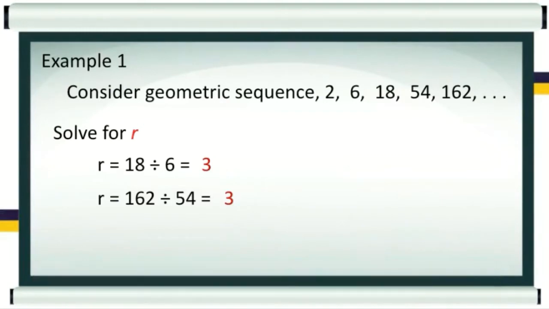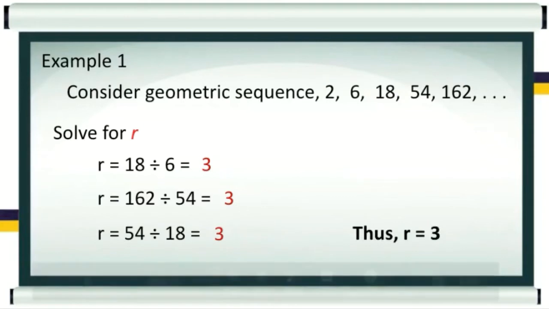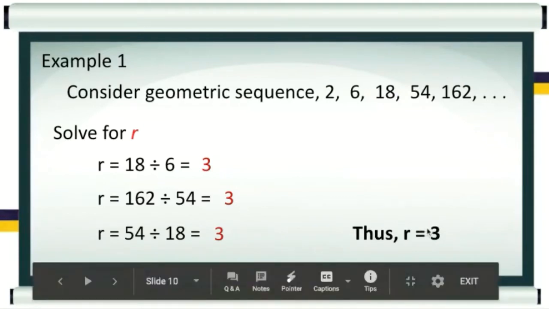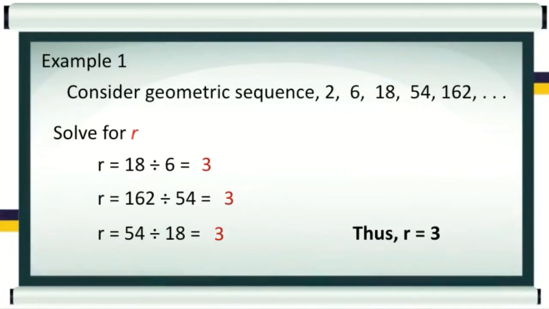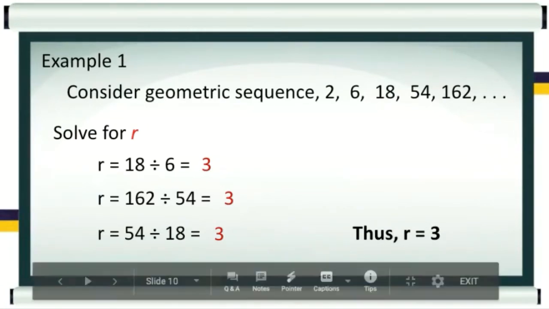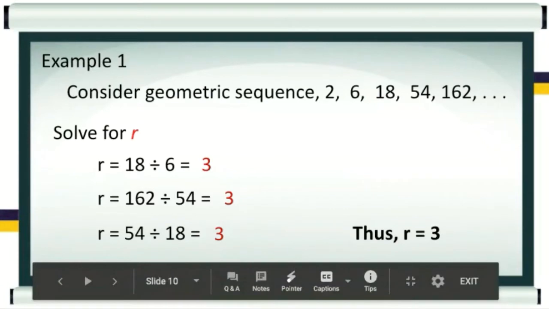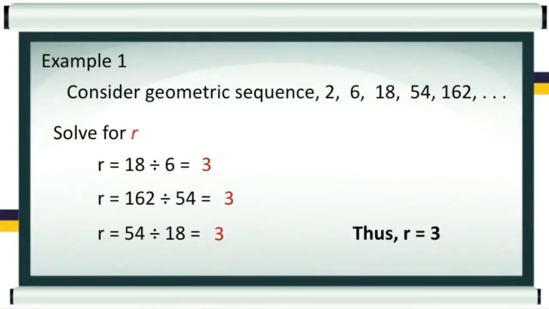So it means our common ratio is 3. Easy na? Because we are just looking for the common ratio. By dividing the values in the terms by their preceding number, we can always find the common ratio. Okay, another example.